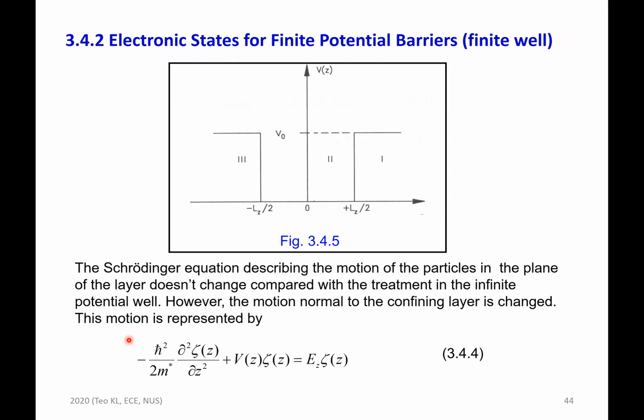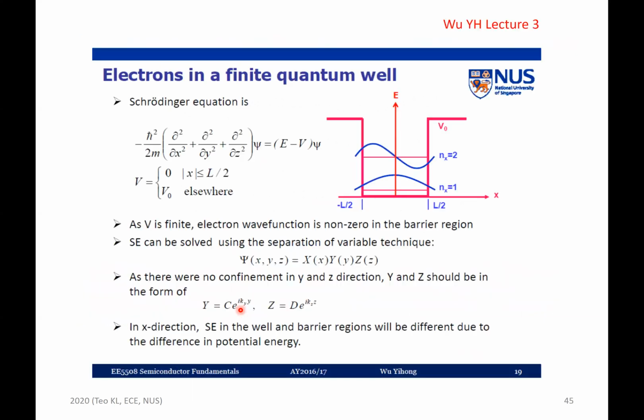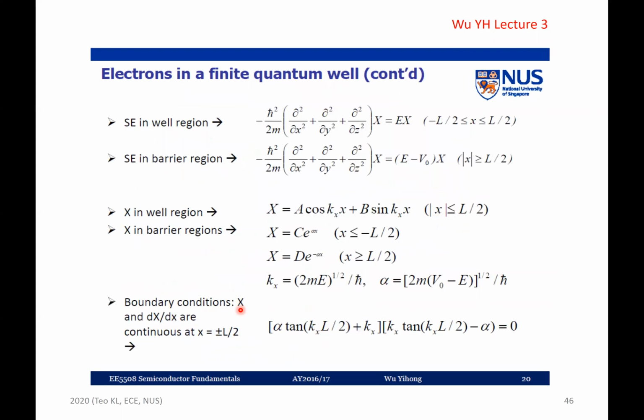So you can solve your Schrodinger equation for the finite potential barrier. For an electron in the finite quantum well, when you solve the Schrodinger equation, the solution to find the energy can be obtained graphically.